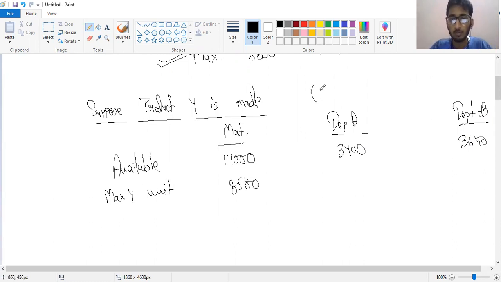Its demand is 10,000. Okay, I would say 3,400 divided by 0.3, which is 11,333, and 3,640 divided by 0.45. It would be 8,089.